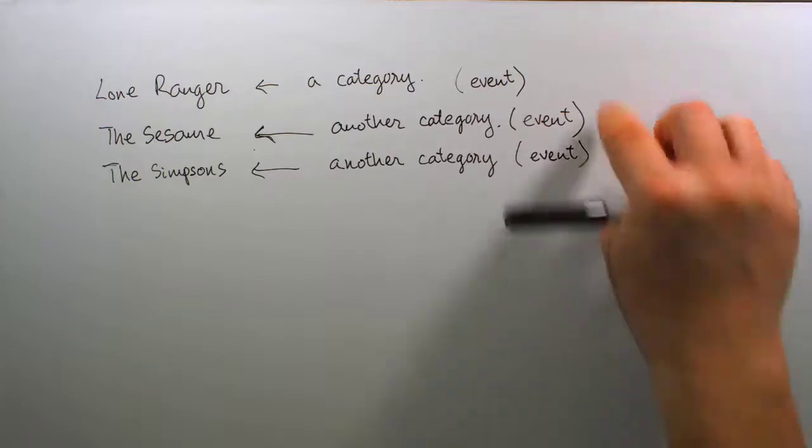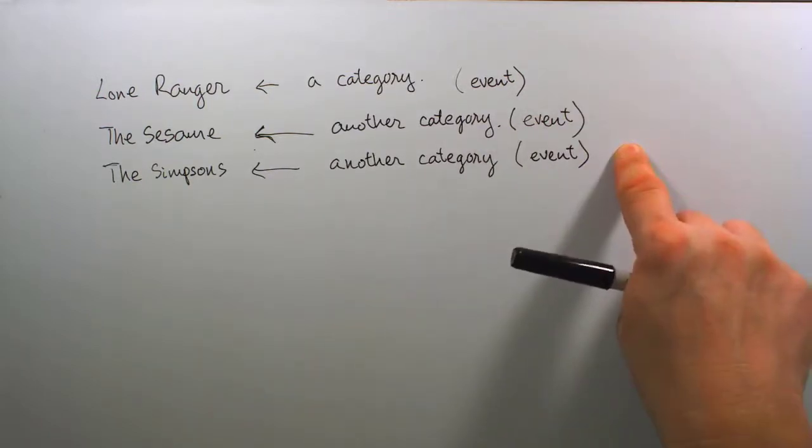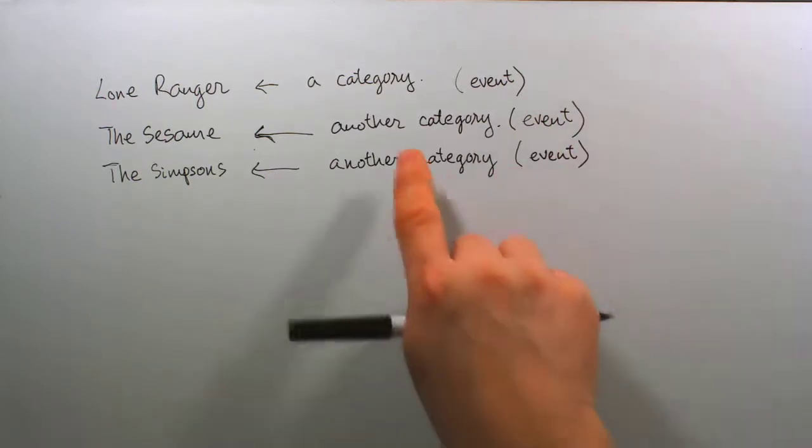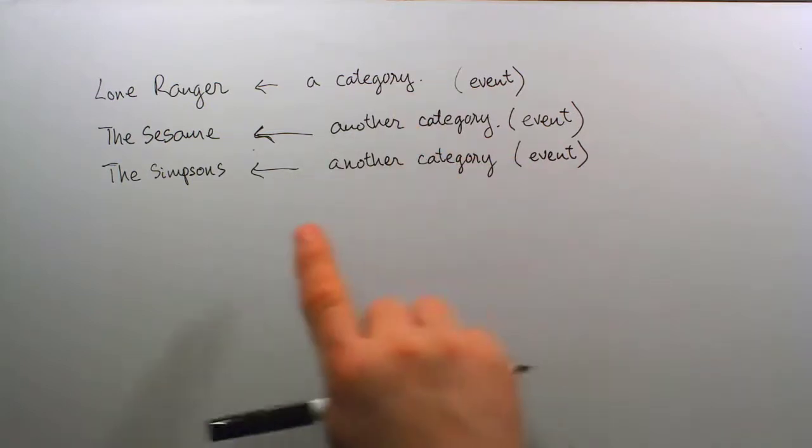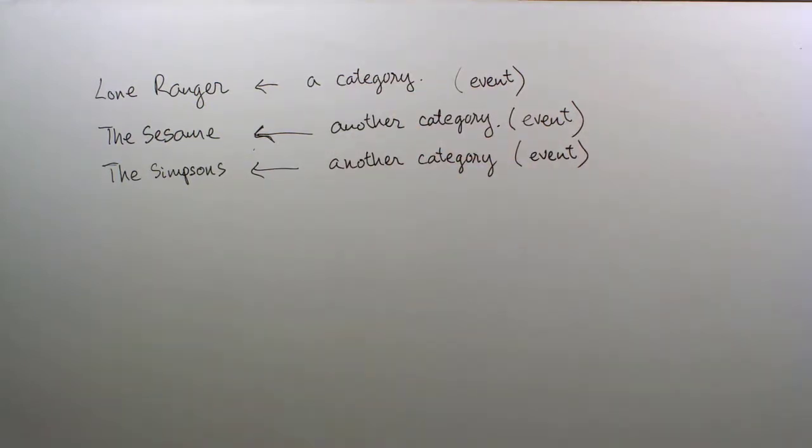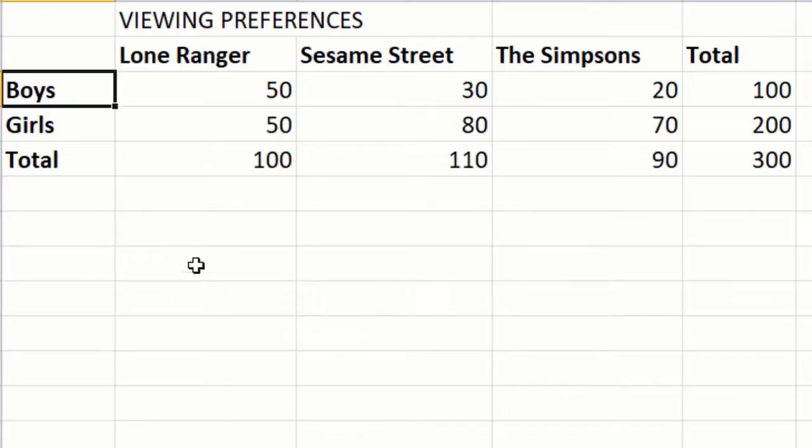Any of these is an event in our understanding of probability. But now we see these as different categories because we can simply give counts. These are all the different counts right here.